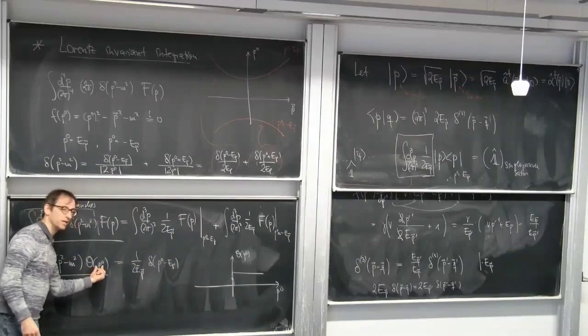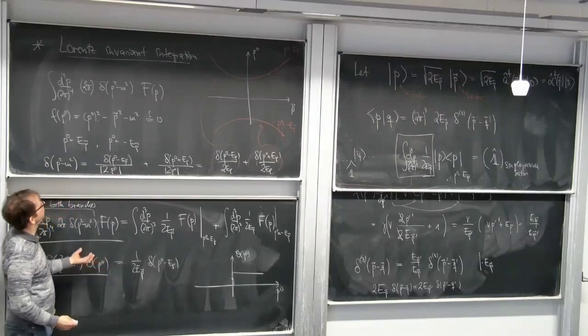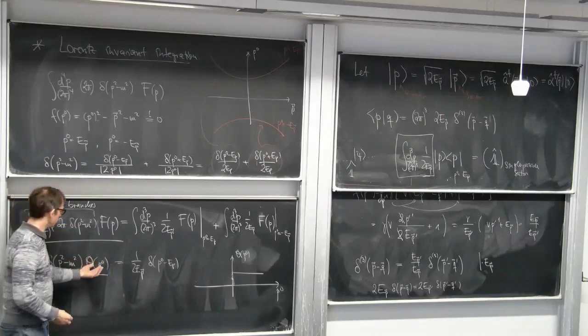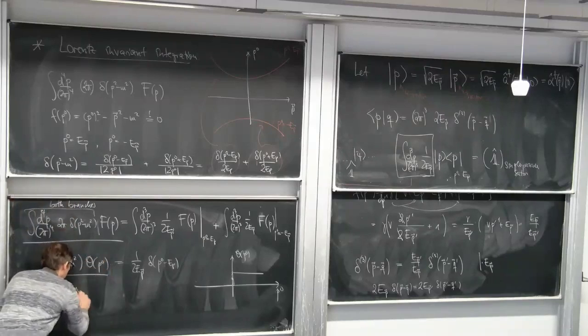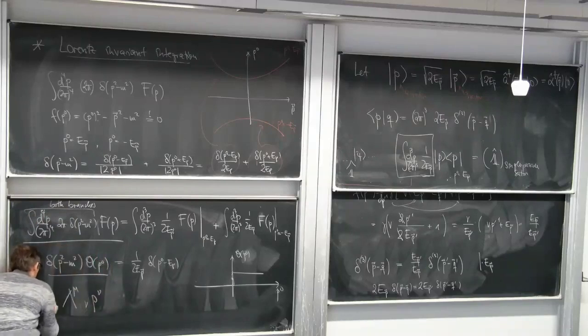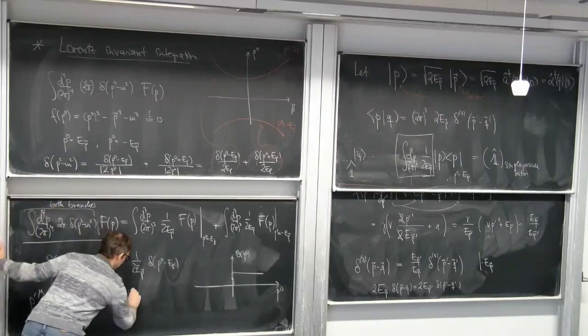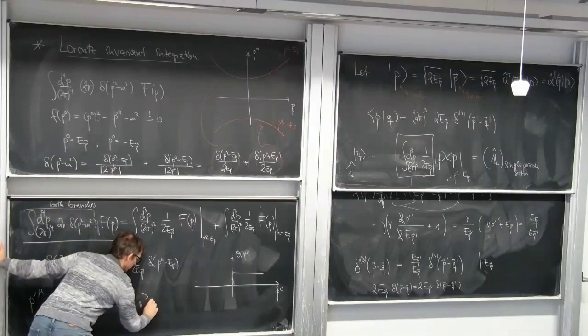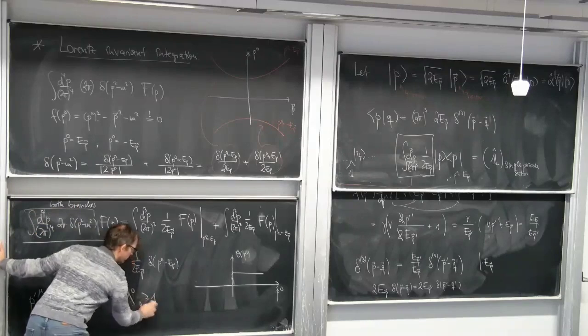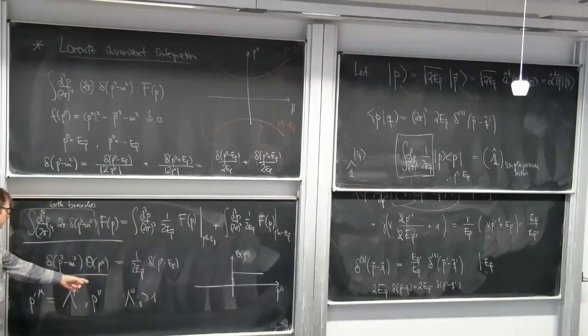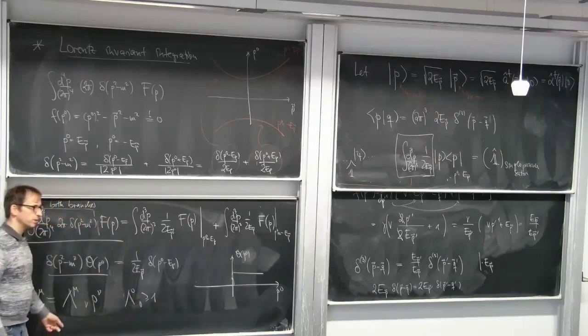Even though this is not time, it is still the time component, the zeroth component of a four-vector. And this is multiplied by the same lambda as we had. So if this is orthochronous, lambda 0,0 is positive, even larger than or equal to 1. We will show it at some point.